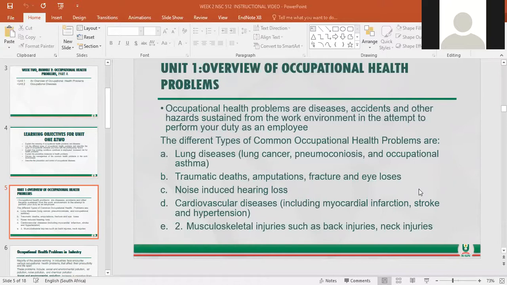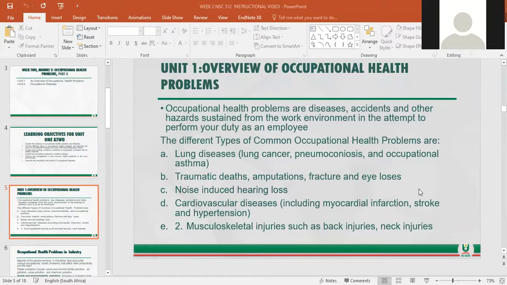It's called musculoskeletal problems. And so there are various traumas or problems that employees can have during the working period.